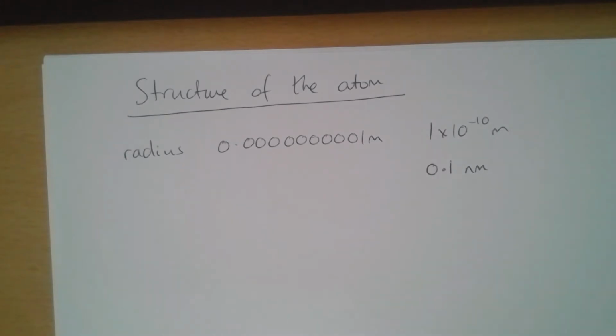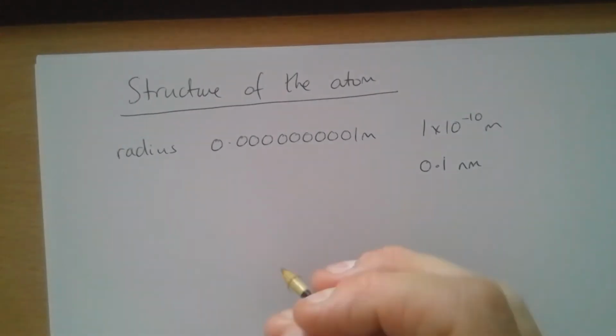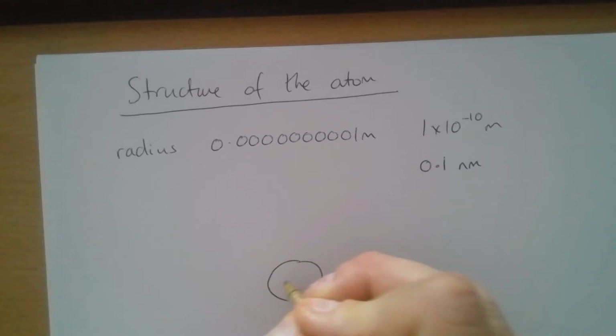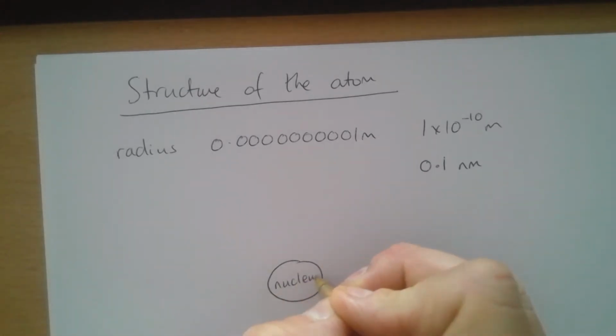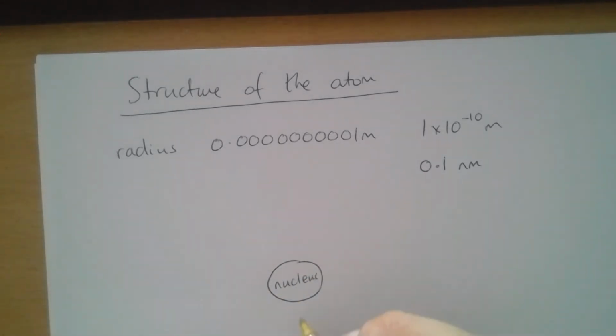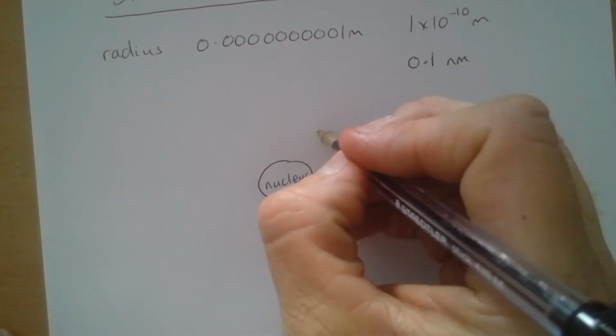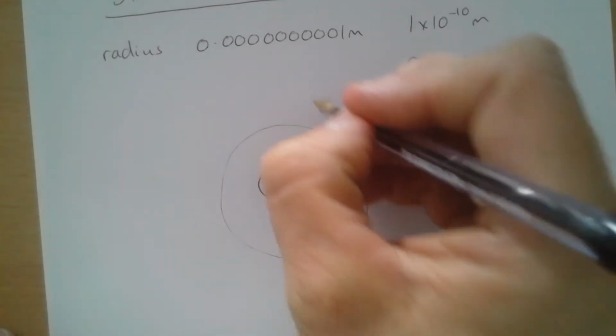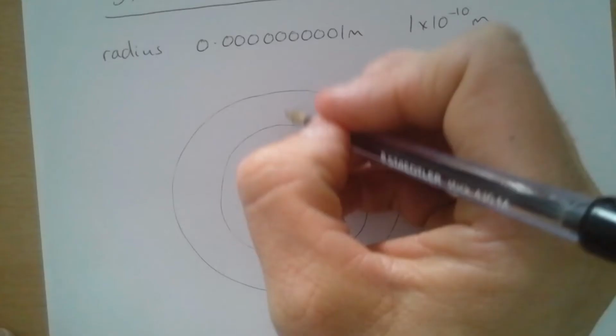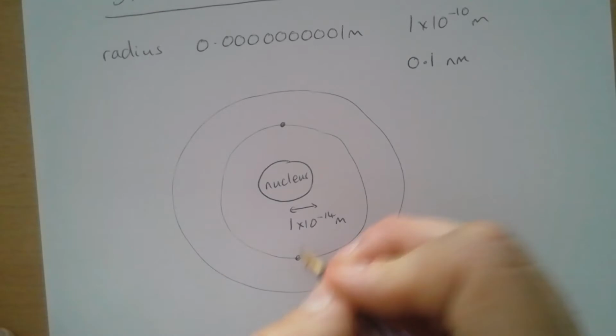Now, there's two key parts to an atom that we need to know about. There's the bit in the middle, which is called the nucleus. And the radius of the nucleus is about 1 times 10 to the minus 14 of a meter. And orbiting or spinning around the outside of the nucleus, we've got particles called electrons.